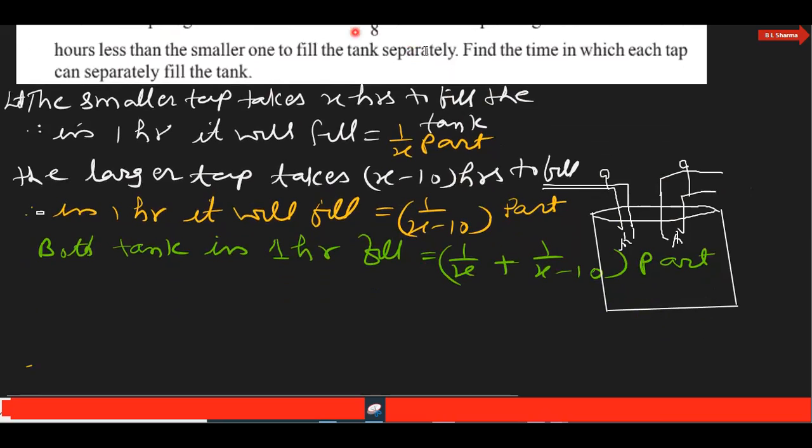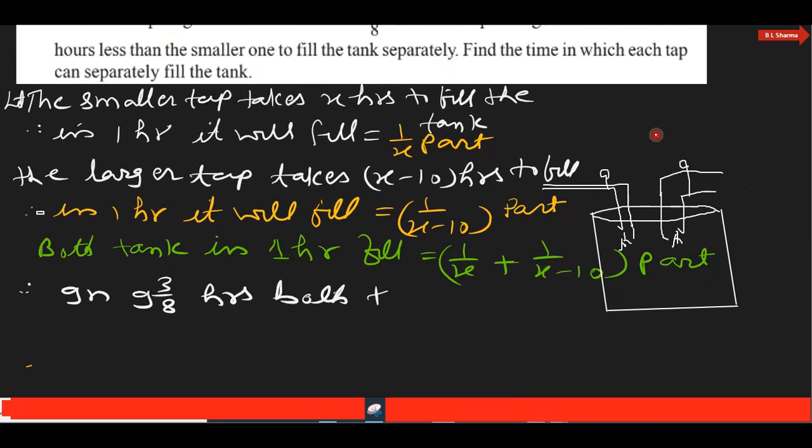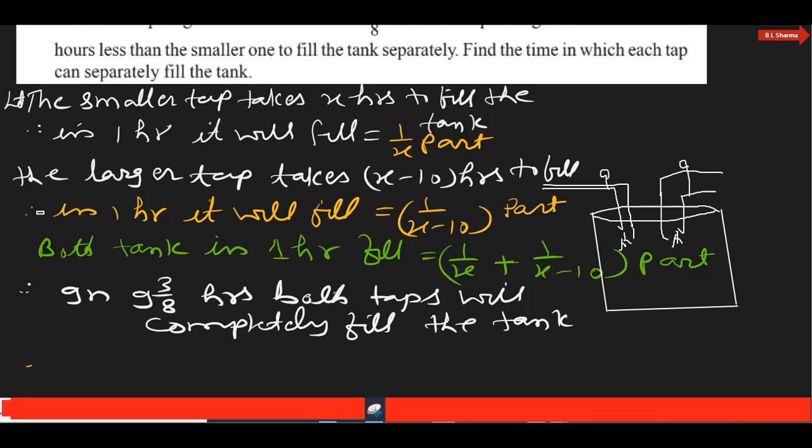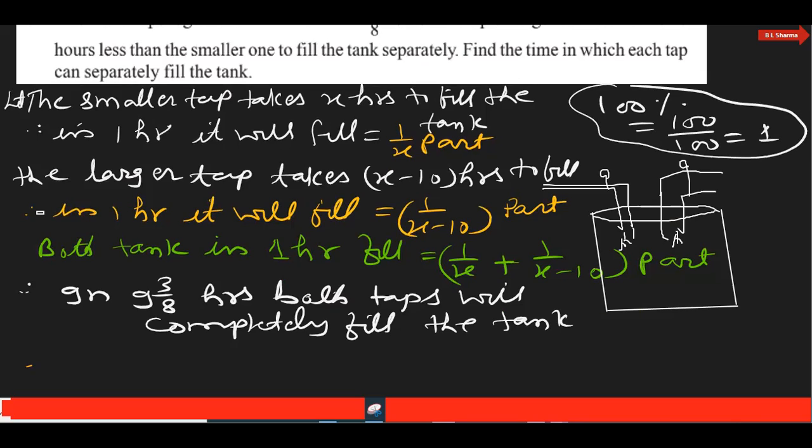Therefore, we can say here, given that both taps will completely fill the tank. कंप्लीटली फिल द टैंक, एक कंसेप्ट आप समझिए, मीन्स 100% फिल कर देंगे. और 100% को जब फ्रैक्शन में कन्वर्ट करते हैं, 100/100, दैट इज 1. सो वेनएवर इट इज कंप्लीटली फिल्ड मीन्स वन पार्ट इज फिल्ड, बिकॉज 100% को आप फ्रैक्शन में कन्वर्ट करेंगे, दैट इज इक्वल टू 1.